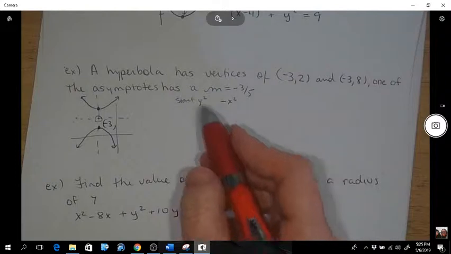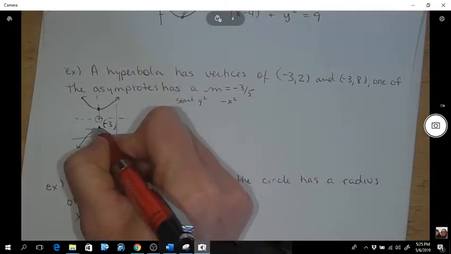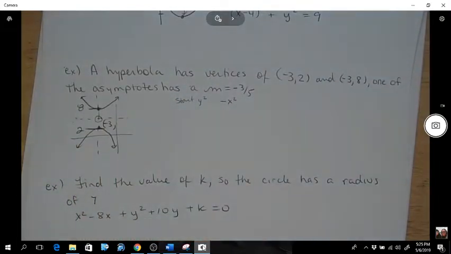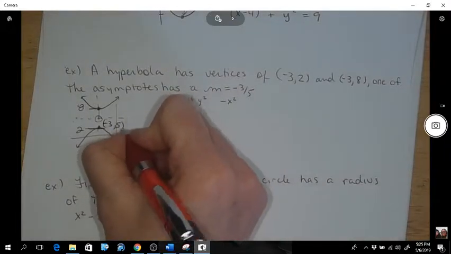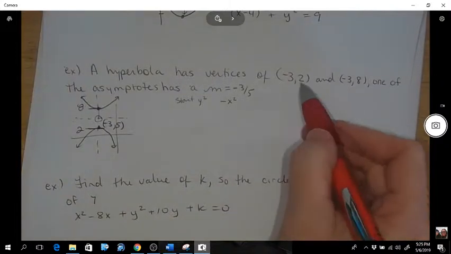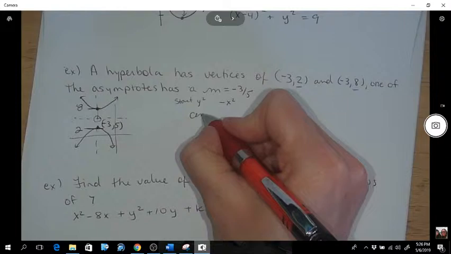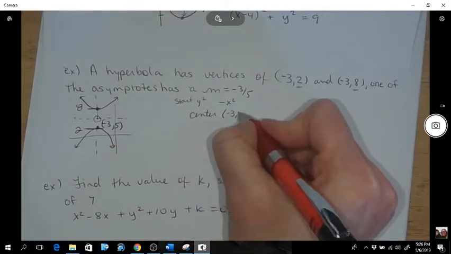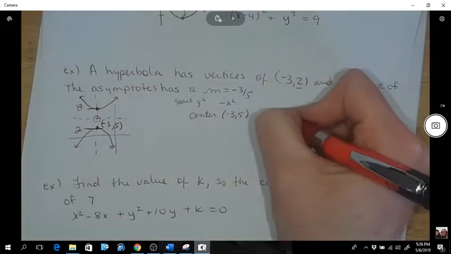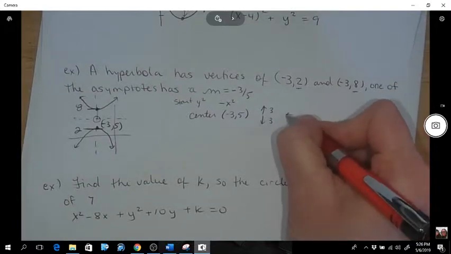Sorry, I'm sorry, this is a 2, right? This is a height of 2. That would make more sense. 2 and a height of 8. So halfway between the 2 and the 8 is 5. There we go. So halfway between the 2 and 8 is 5. So my center. And then we know that from 5, I went 3 up and down.